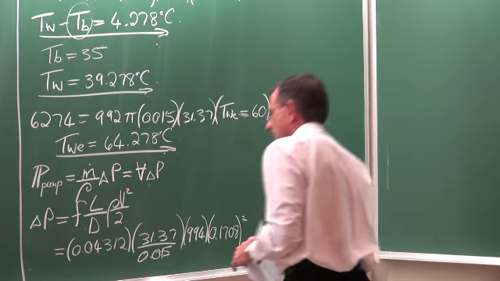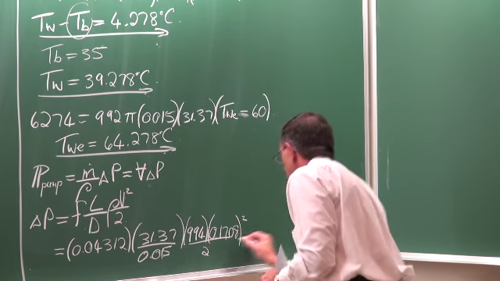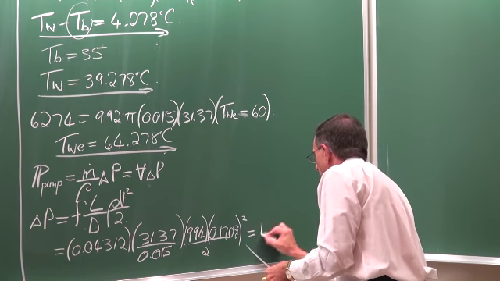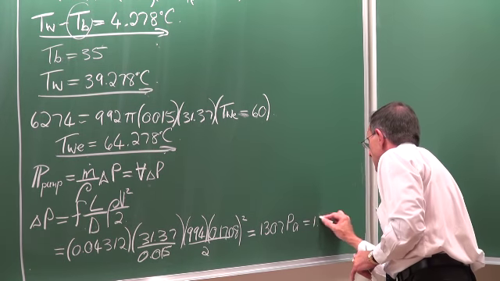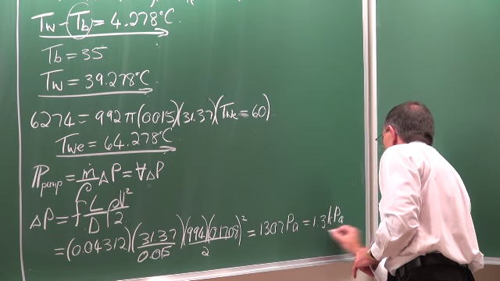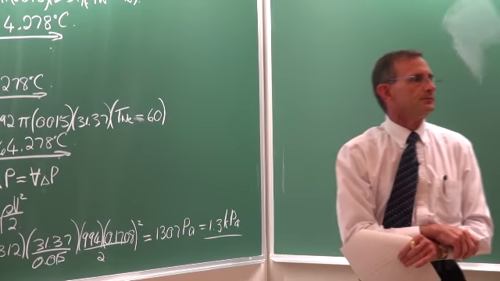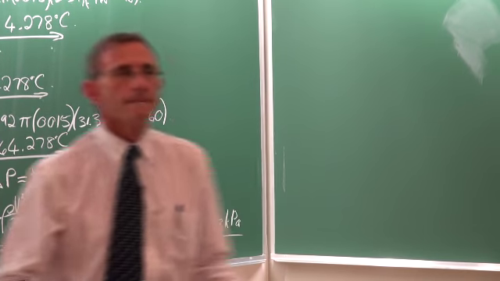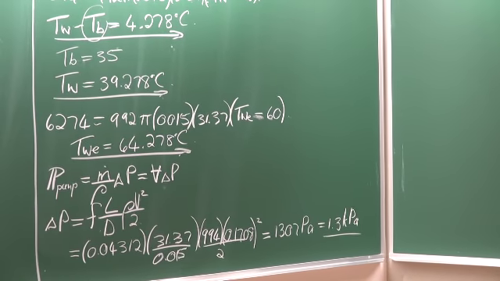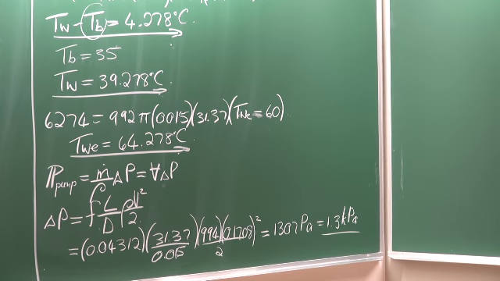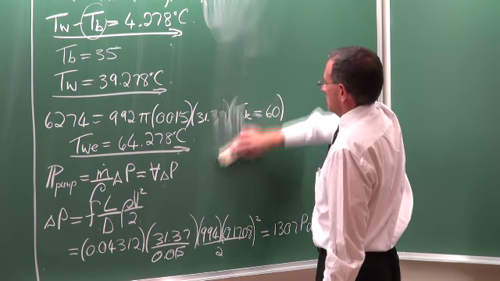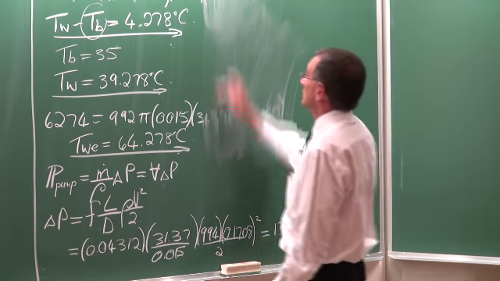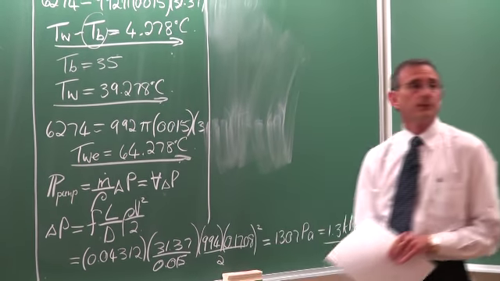The velocity is equal to 0.1708 square divided by 2, and the result is a pressure drop of 1,307 pascals or 1.3 kilopascals. Pressure drop, 1.3 kilopascal. Okay.